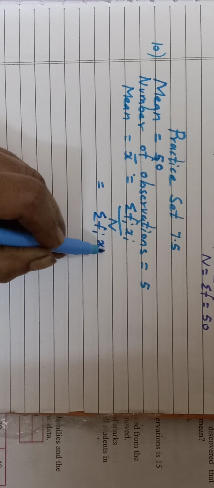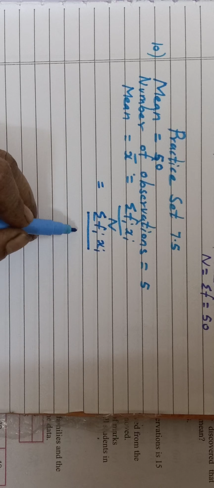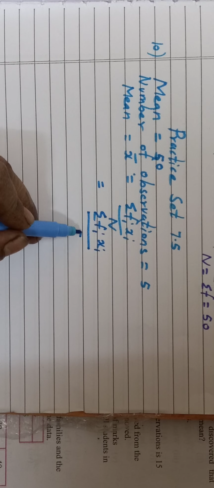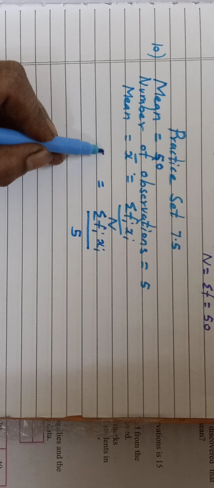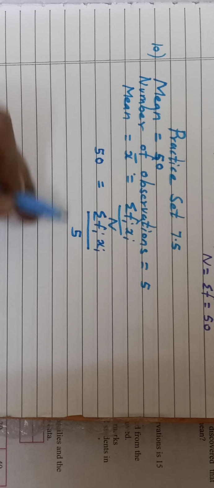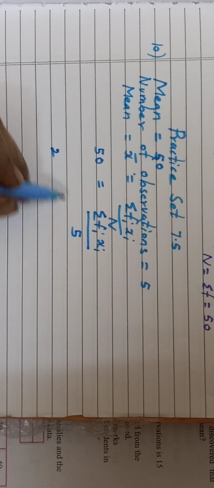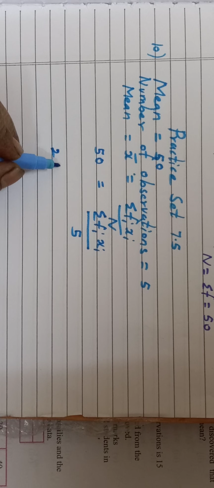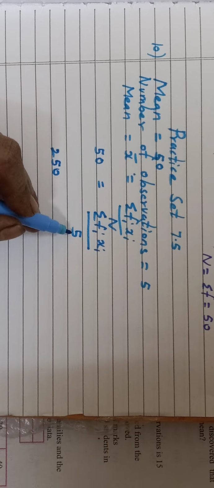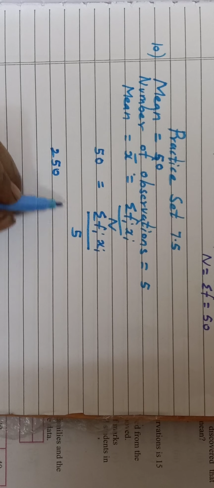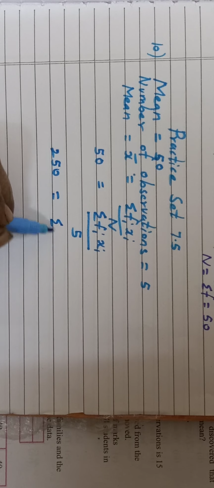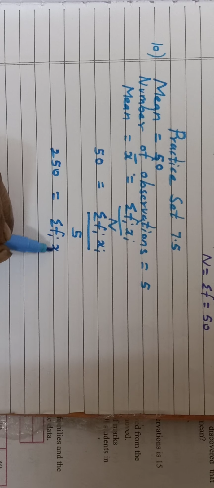We don't know, we will keep it as it is. Upon n, n we know is 5, and mean is 50. Cross multiply. So you will get 250, 50 into 5 is 250, is equal to summation fi xi.